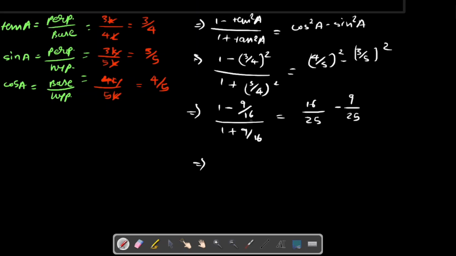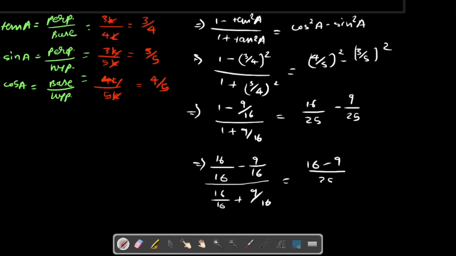The LCM becomes 16, so we multiply the 1 by 16 in numerator and denominator as well. So it becomes 16 minus 9 upon 16 over 16 plus 9 upon 16, and on the right it becomes 16 minus 9 upon 25. Now the denominator is the same, so we can write it as 16 minus 9 upon 16.